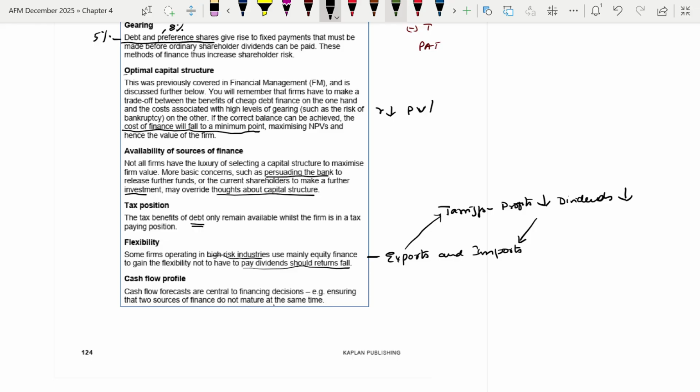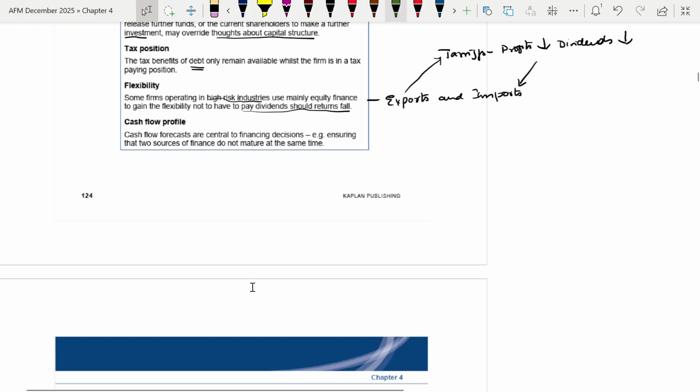If tariffs are imposed, it will affect both countries, not just one. If we increase the tariffs, the cost will also increase in the home country. That is where we are talking in terms of the high risk.